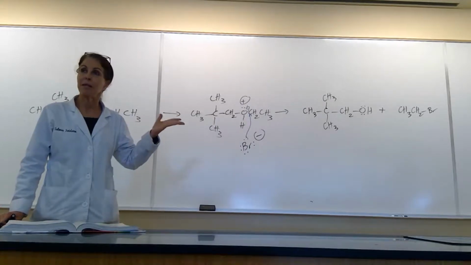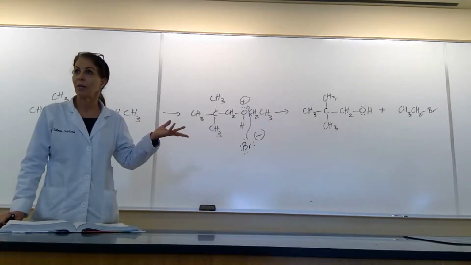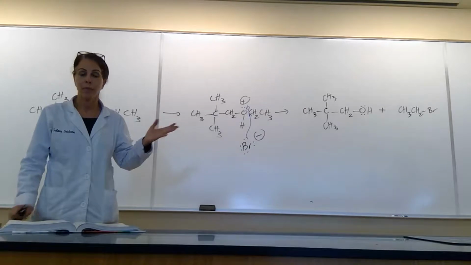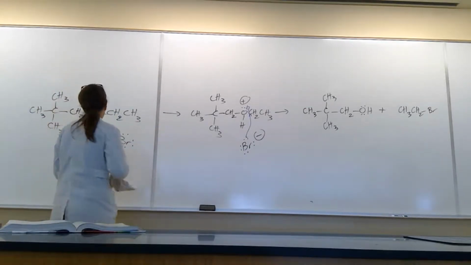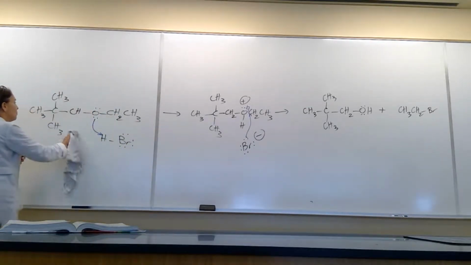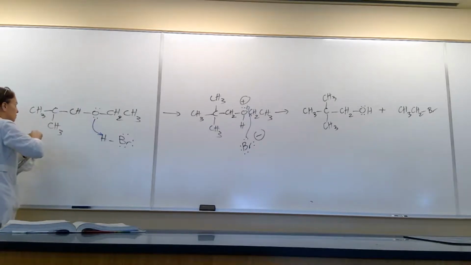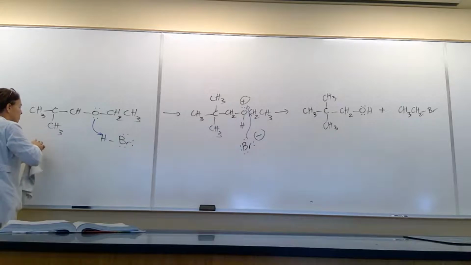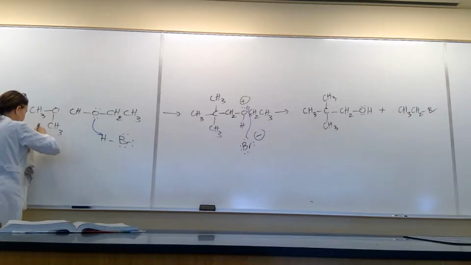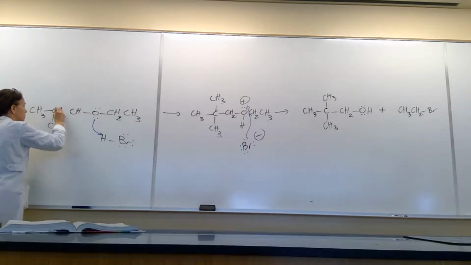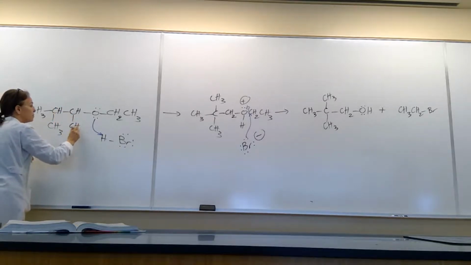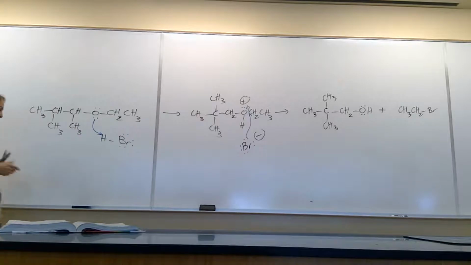So I can give you an example. You want an example with the secondary carbocation? Sure. Okay. So here, very easy. All I have to do is put here an H. Put an H here. And a CH3. Okay.